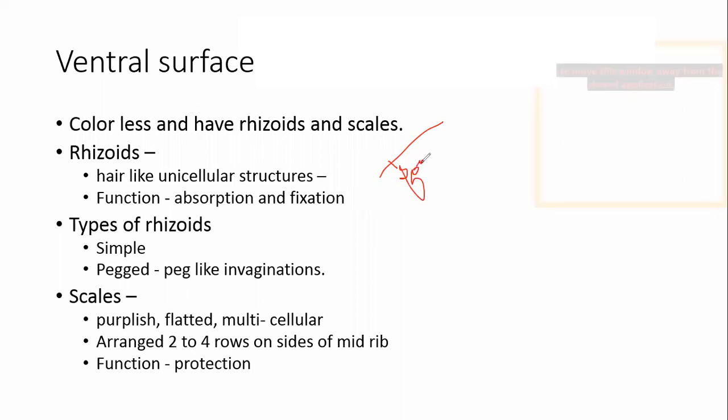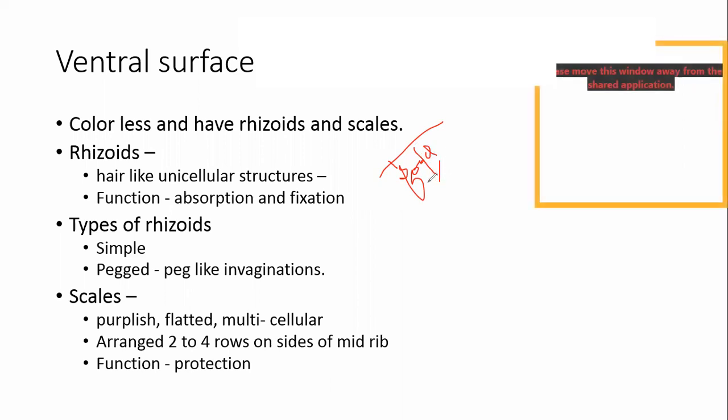The food produced on the dorsal surface is transported towards the lower part, the ventral surface, and the ventral surface is helpful in the storage of the food. That is why they are not green in color, they are colorless because they do not undergo photosynthesis, but they store the photosynthetic food in the ventral surface.